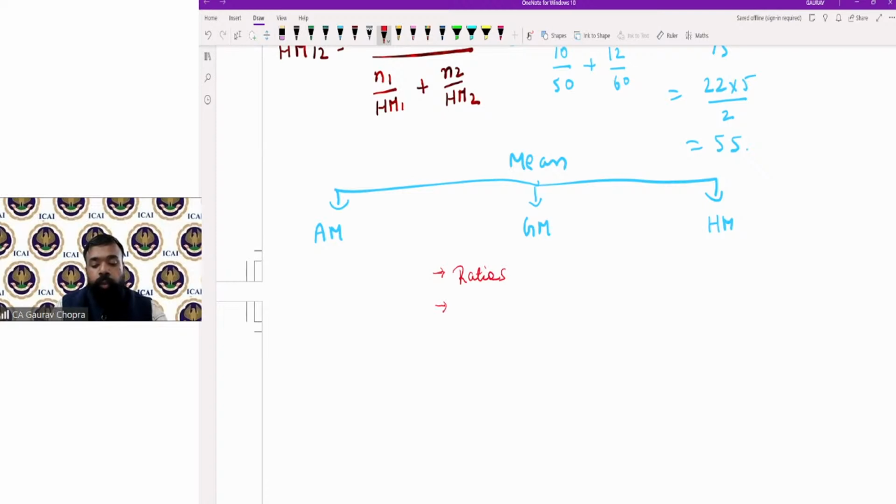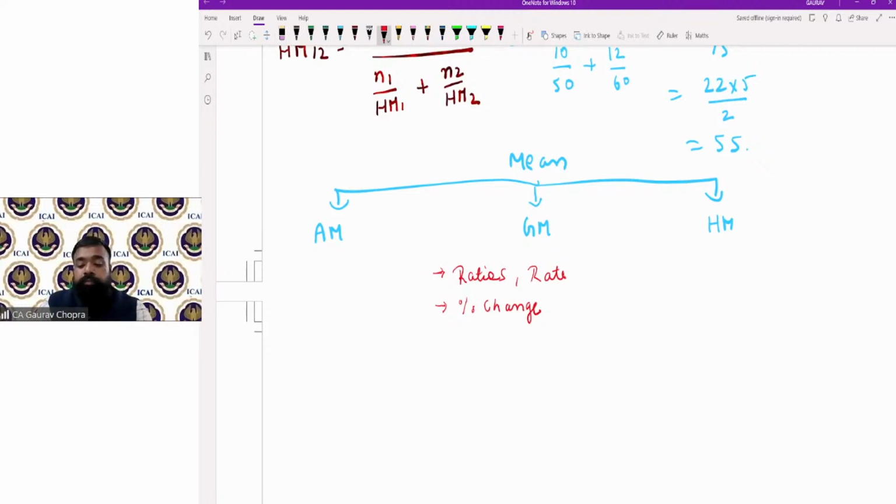It is also required for percentage change, such as percentage increase in population, percentage change in rate of interest, percentage change in poverty. In all such cases, geometric mean is beneficial, or rate of change of depreciation. So wherever ratios or rates are given and you have to find the average rate, average of ratios, geometric mean is the best measure of central tendency.